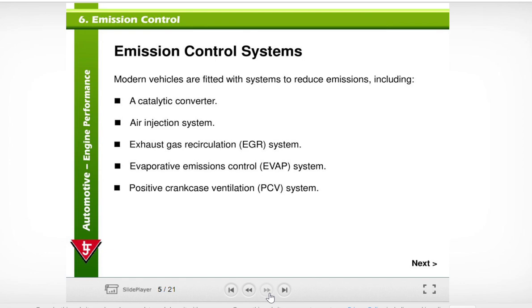One method is missing here, the diesel particulate filter, specifically made for the diesel engine. Now let us look at each of these methods.